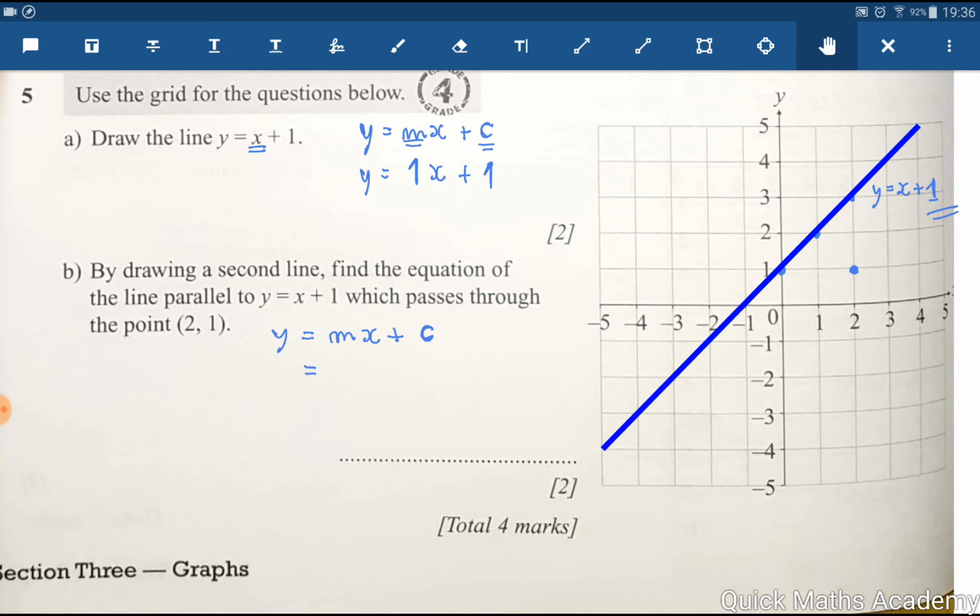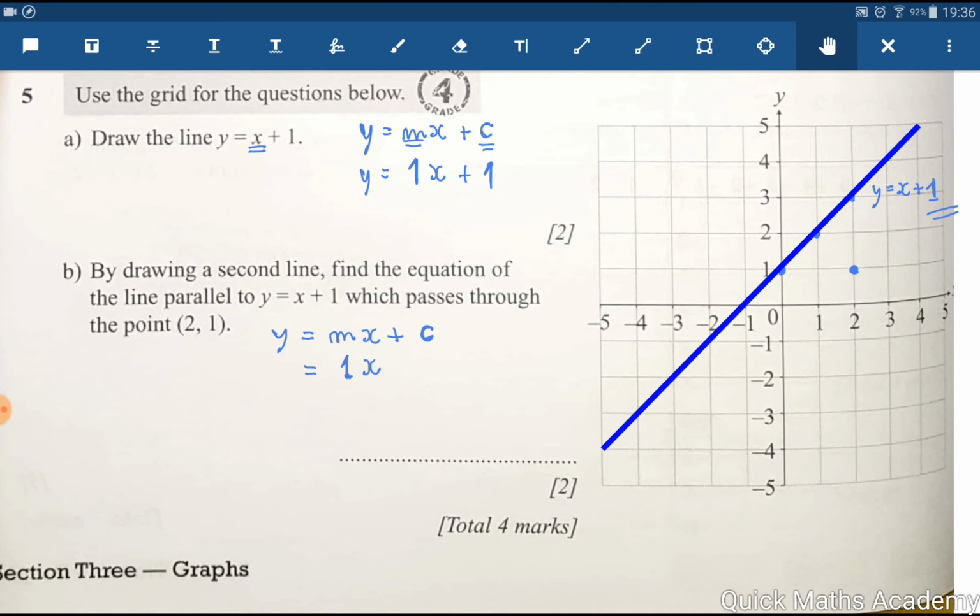Because the lines are parallel, and if they are parallel, they have the same inclination. They never cross. So my equation will be 1x plus something. I don't know that something, I will find it out.